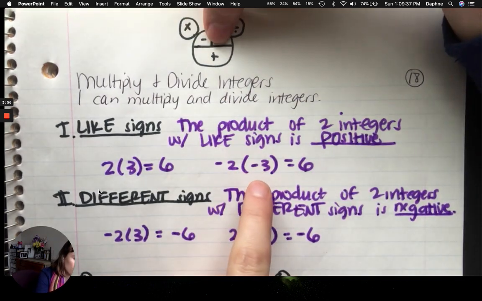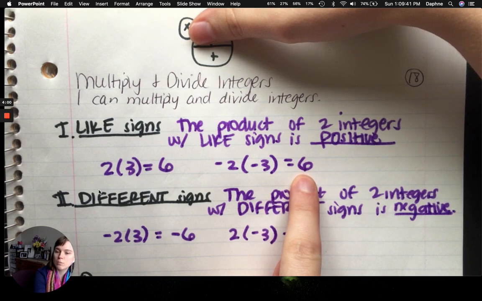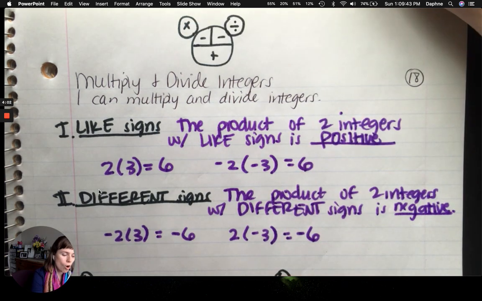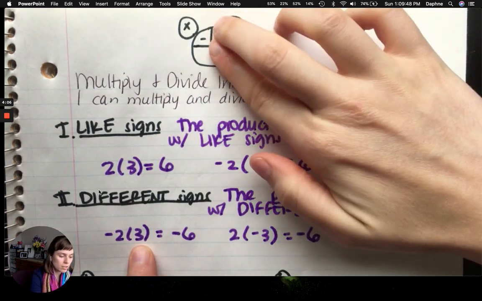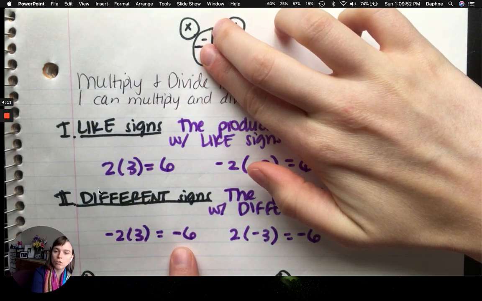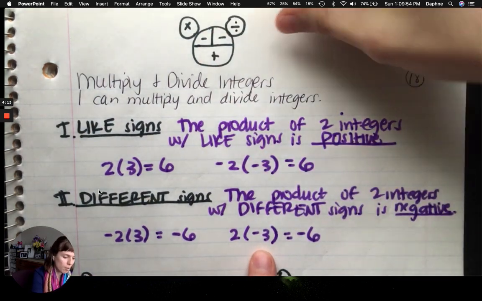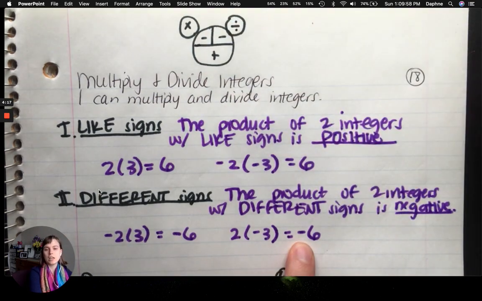So cover up, cover up. What sign is left over? A positive. That tells me the answer has to be positive. Over here, I have 1 negative and 1 positive. So my answer must be negative because that's what's left over. And on here, I have a positive and a negative. So the answer must be negative.